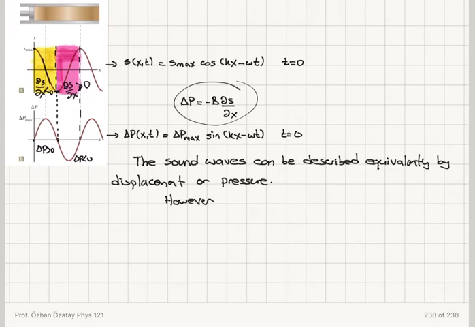However, displacement and pressure are 90 degrees out of phase.